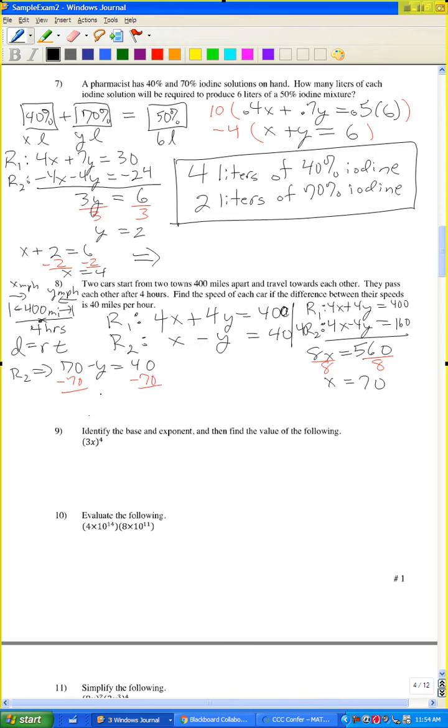So negative y equals negative 30. Divide by negative 1. And so y equals 30. And so the speeds of the cars are, well, one is 70 miles per hour, and the other is 30 miles per hour.